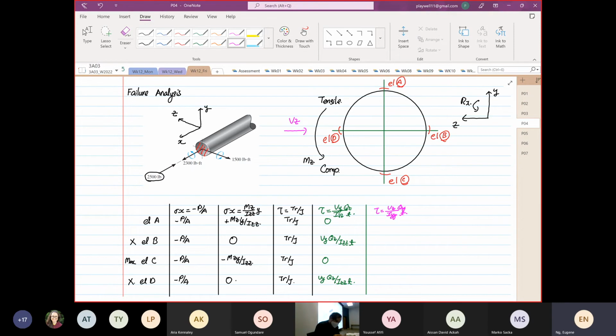At element A, you will have Vz Qy over Izz T. At element B it will be 0. At element C, you have Vz Qy over Izz multiplied by T, and this is equal to 0.